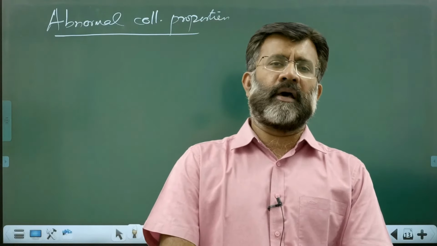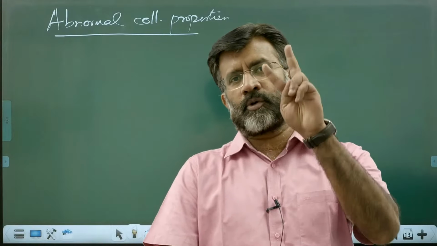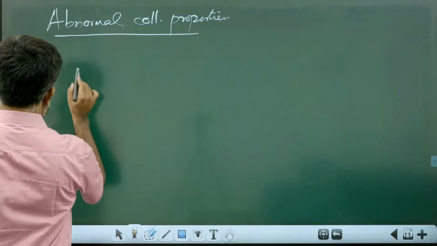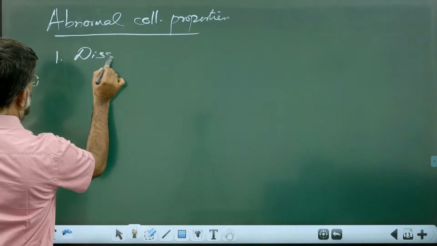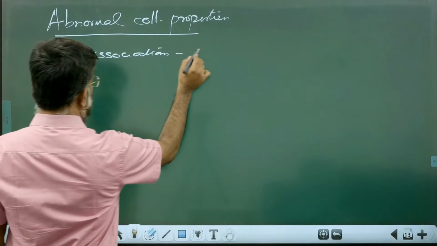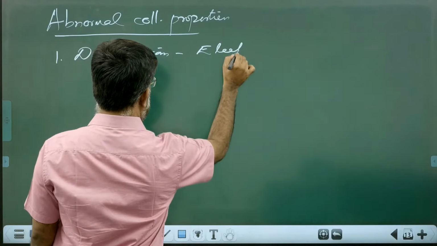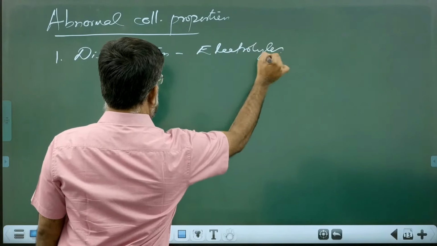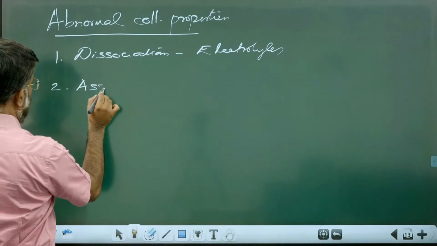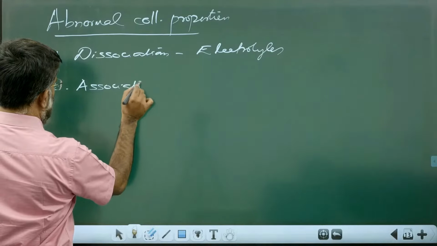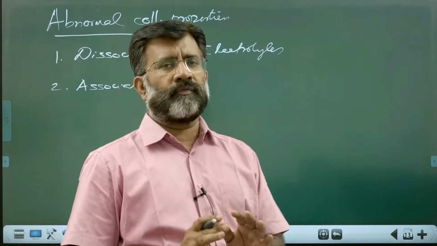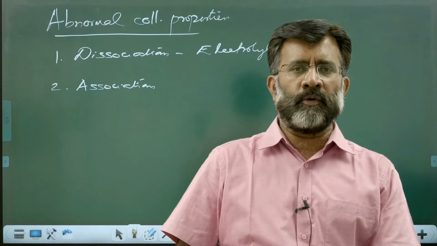These abnormalities may arise due to two reasons. One is dissociation. Abnormality arises due to dissociation. That is happening with electrolytes. And one is due to association. So dissociation and association are the reasons for abnormal colligative properties.